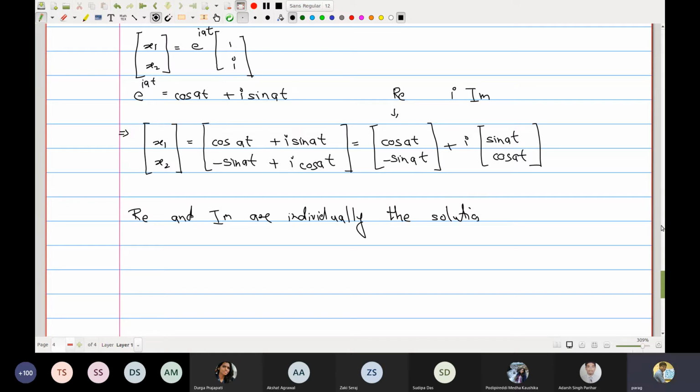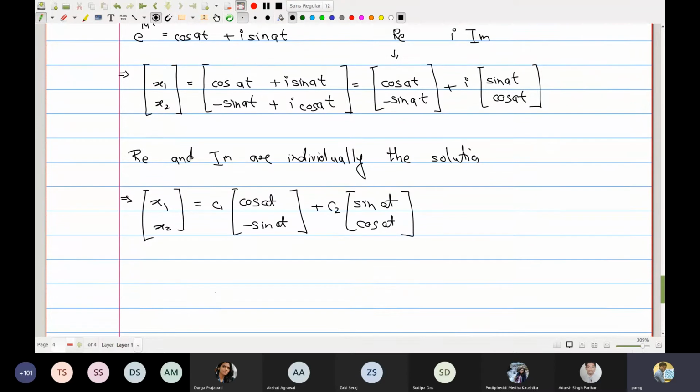So cos 80 minus sine 80 is a solution to the system, and sine 80 cos 80 is again a solution to the system, which means I can write x1 x2 equals c1 times cos 80 minus sine 80 plus c2 times sine 80 cos 80.